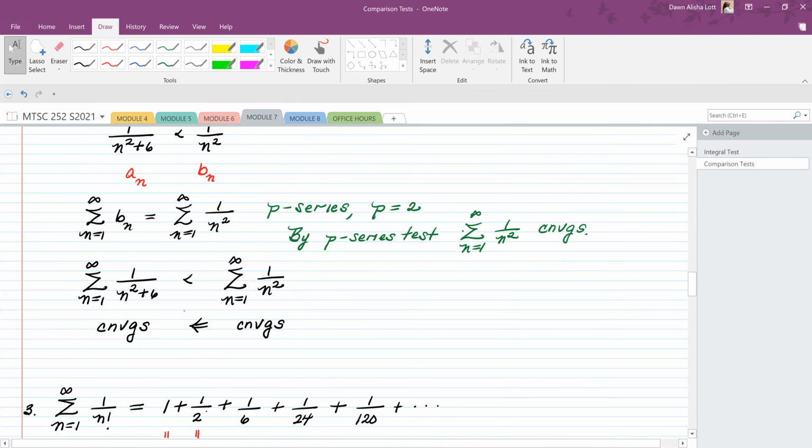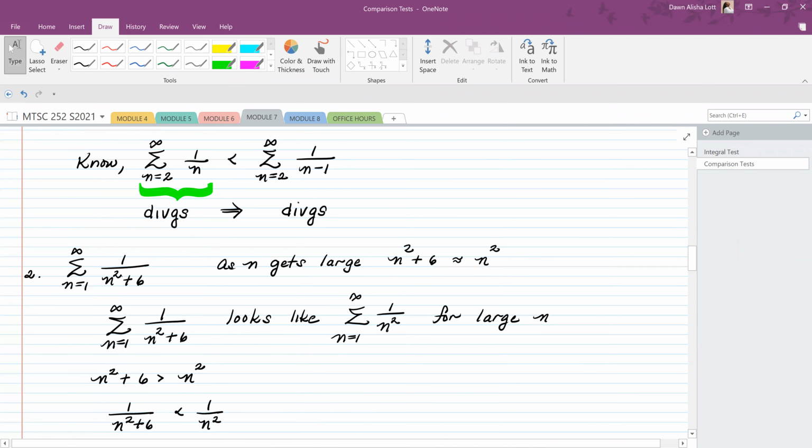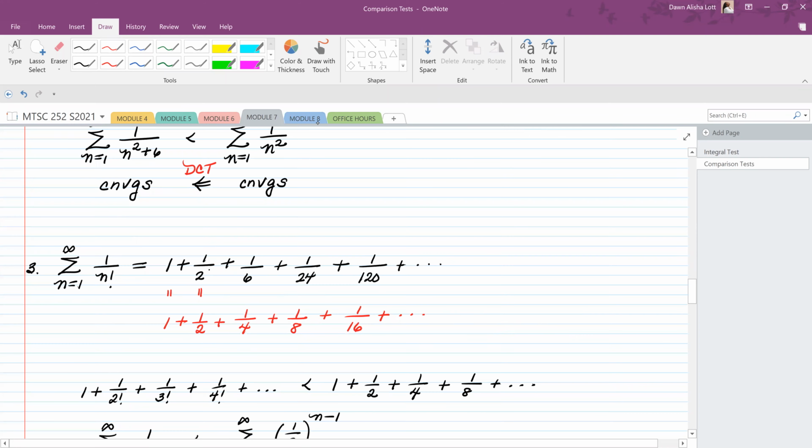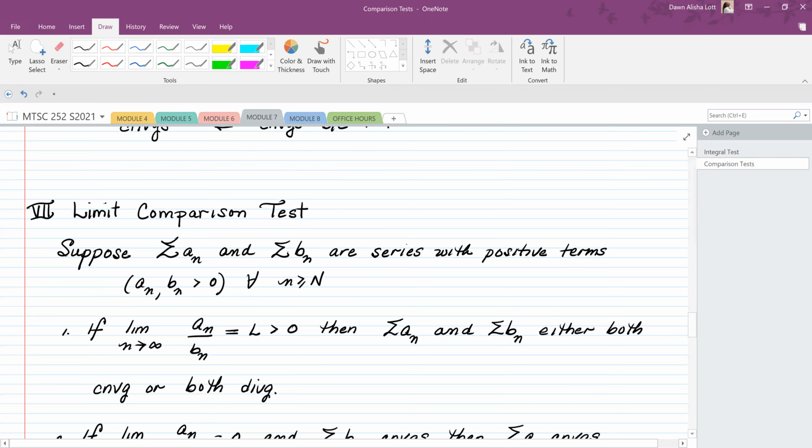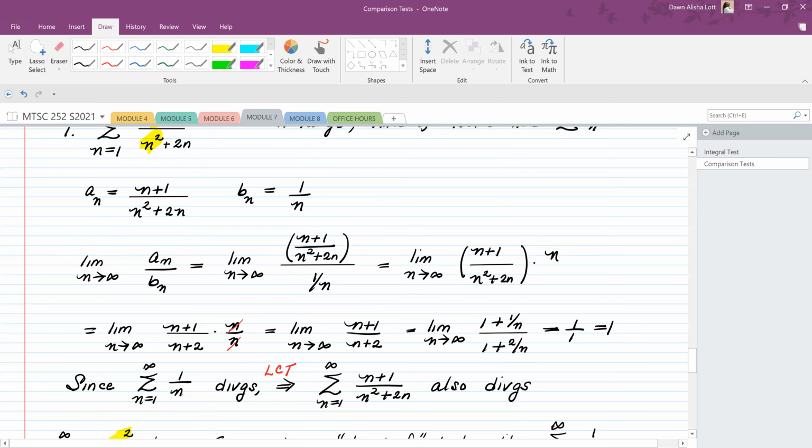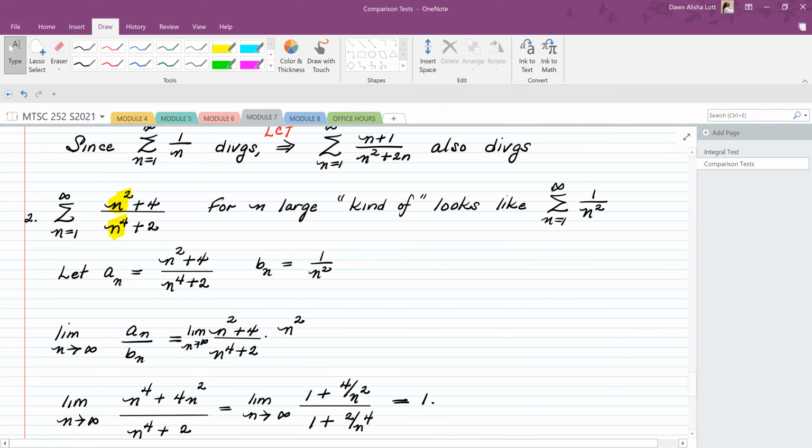This one was also the direct comparison test, and this one was the direct comparison test. So you have seen both the direct comparison test and the limit comparison test.